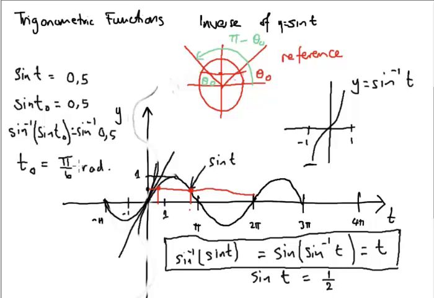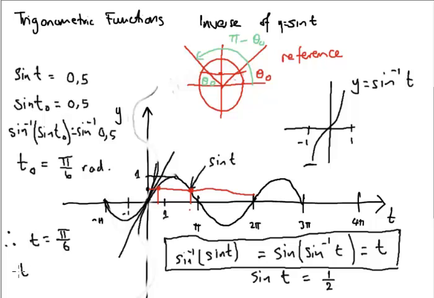So now to give my complete solution, I will say, therefore, my solution to the equation, because of the analysis I did here, is t equals pi over 6 radians. Normally we don't write the word radians, you just write pi over 6 altogether. But if somebody wants it, you can write it, it's not a problem.